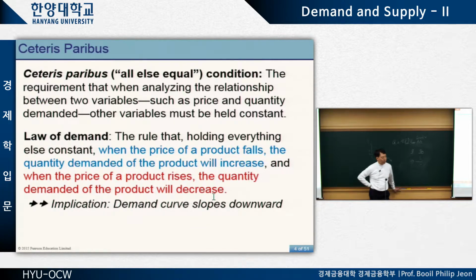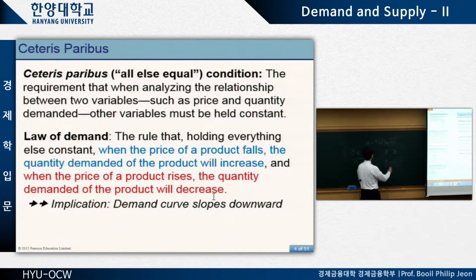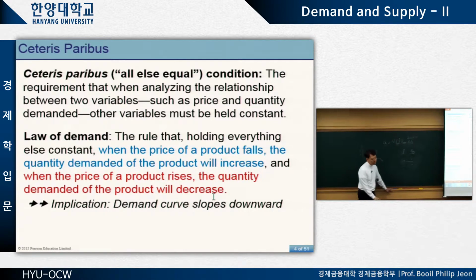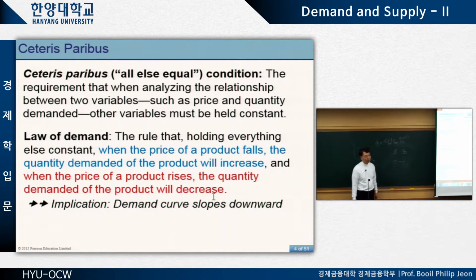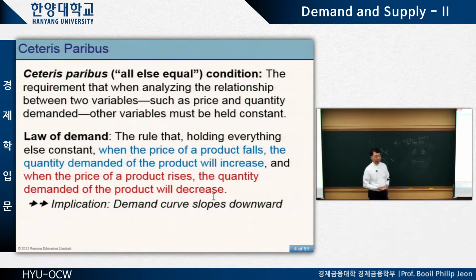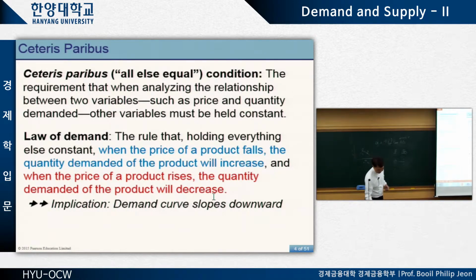If it's a really hot summer and you're selling soft drinks, of course that's going to increase your sales. And so on. So if you want to find out the relationship between the price you charge and how many units you sell, you have to assume that all other things remain constant, because depending on other factors, the sales will be affected.